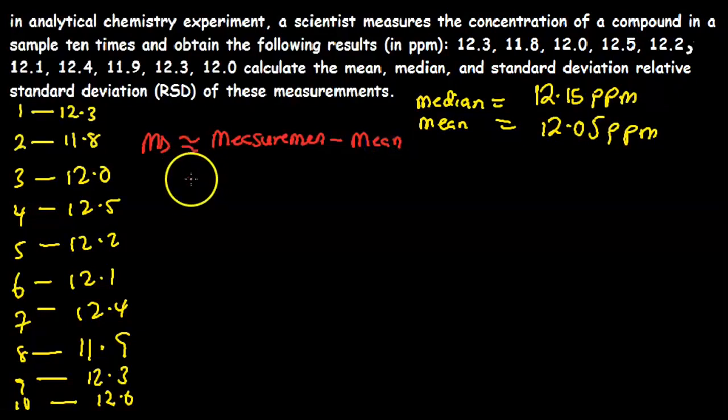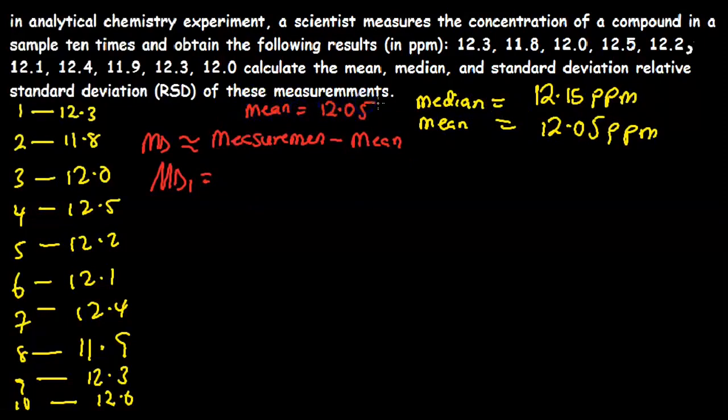Let's say the mean deviation MD of 1, the mean deviation of the first observation, is simply going to be 12.3 minus 12.05, since our mean is 12.05.